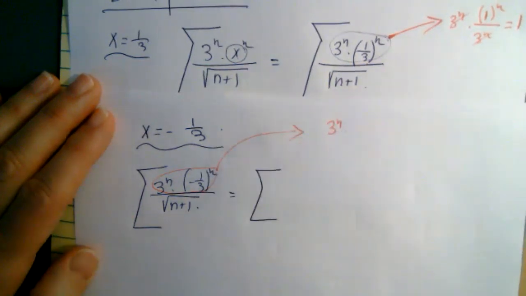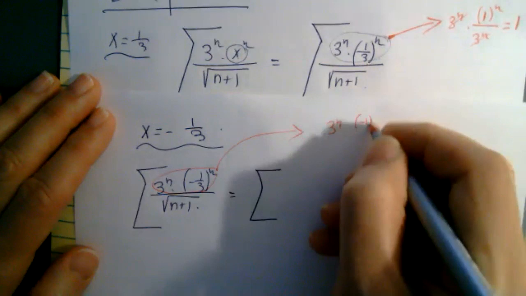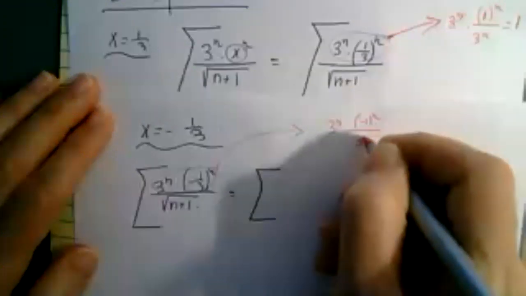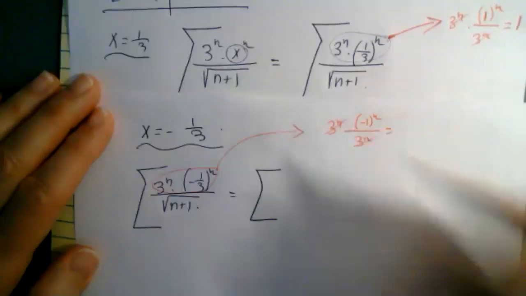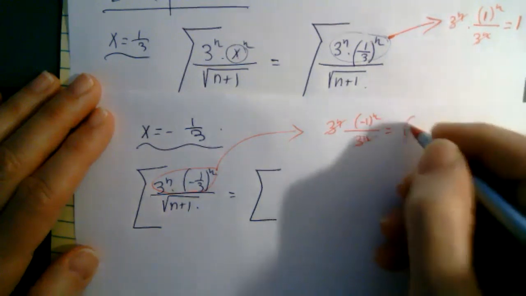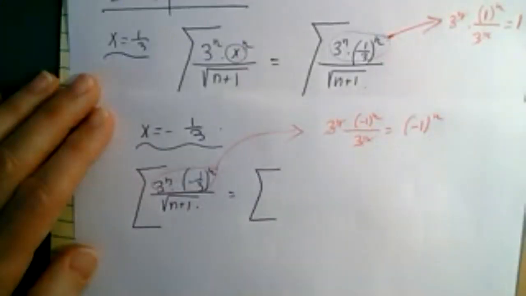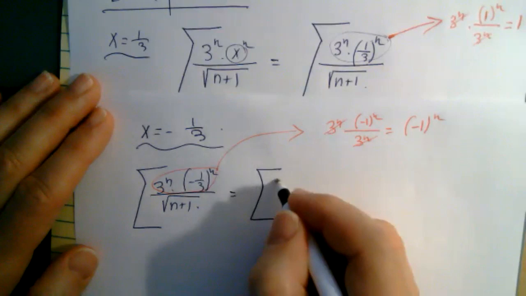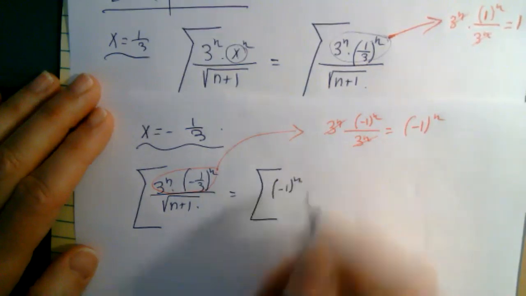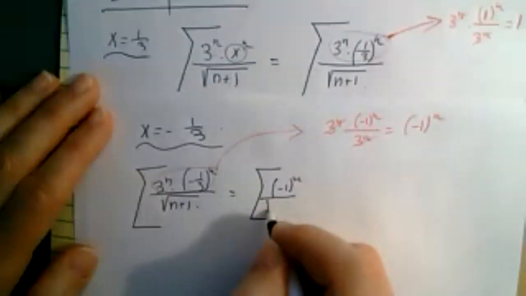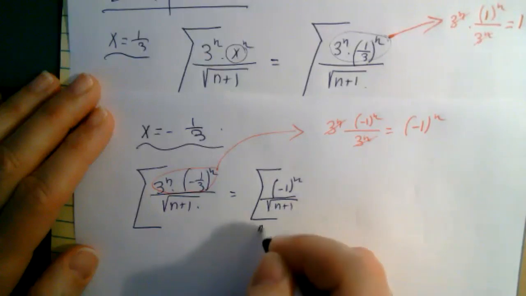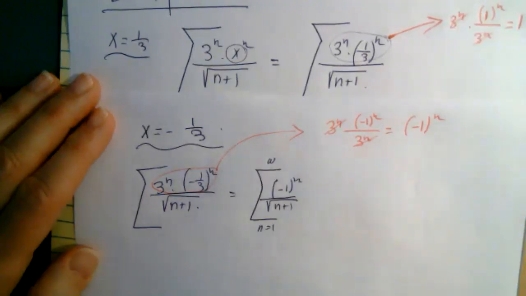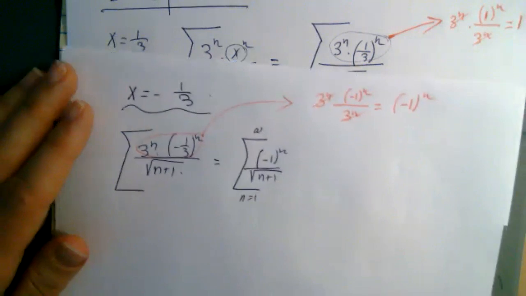3 to the n times minus 1 to the n over 3 to the n. This cancels. I will have minus 1 to the n. So this is going to leave me with minus 1 to the n over the square root of n plus 1. Now back to you.